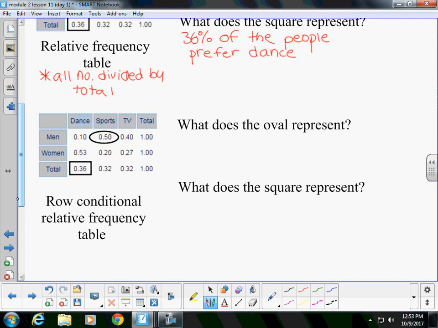Okay, so the next one is a row conditional relative frequency, so you're only comparing men to men, for example. So this is dividing by the row total. For this one, this is just 50% of the men play sports.